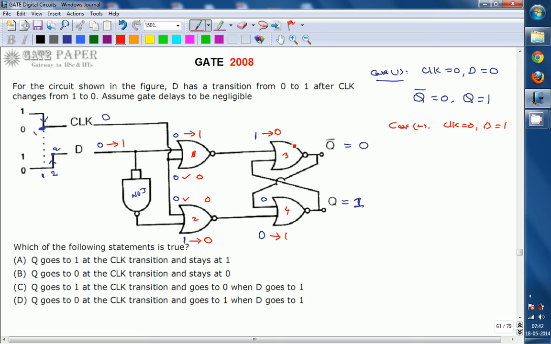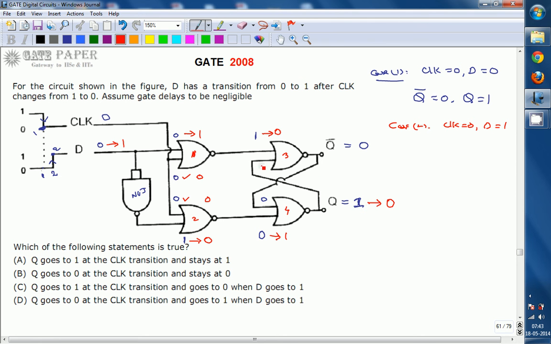Now if you check gates 3 and 4, the present input for this one is 1, so irrespective of the other input, the output will change to 0. That is, this Q will go to 0, because one of the inputs is 1, and 1 plus anything, irrespective of the other input, is 1, and 1 bar is 0. It's a NOR gate, so it is a 1 to 0 transition.